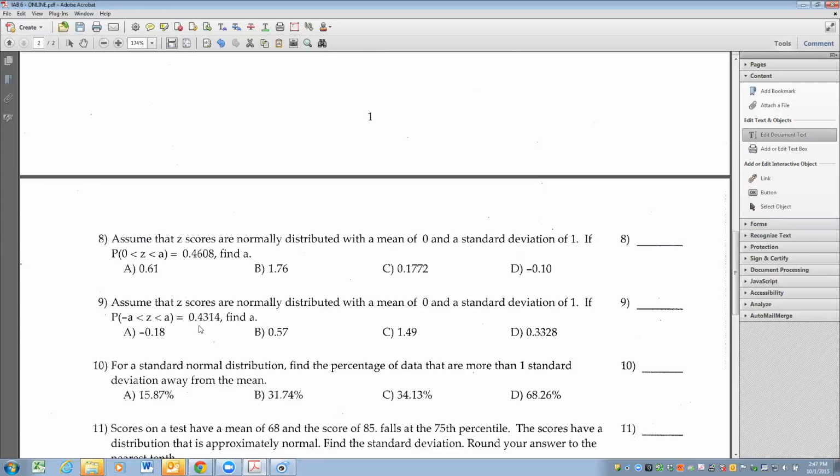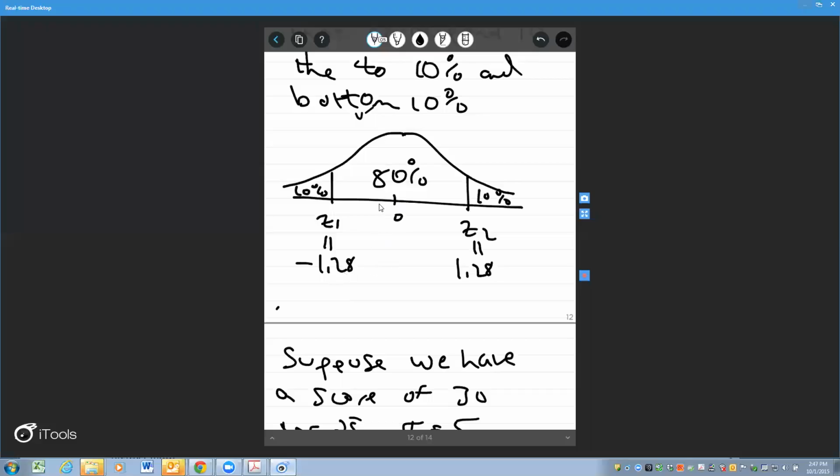So that's 43.14% in the middle. That means you're going to have 56.86% on the outside of that, split evenly between the two ends. So you'll have to try to draw a picture that looks like this, where the middle is 43.14. Now figure out which would go on each of these, and that will help you determine the z-score.